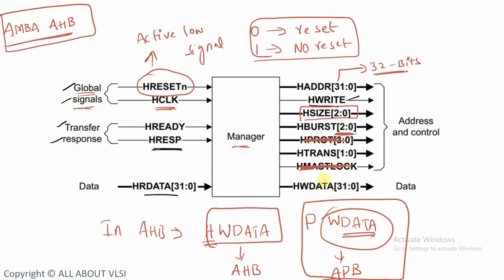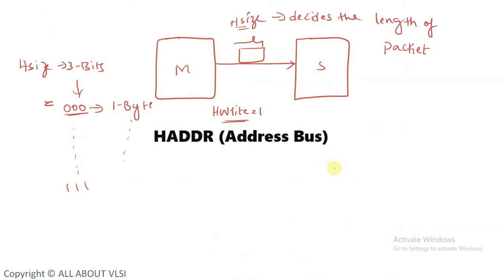Now coming to HTrans, this is 2 bits wide. Now what is this HTrans? 2 bits means we have 4 combinations: 0 0, 0 1, 1 0, 1 1.